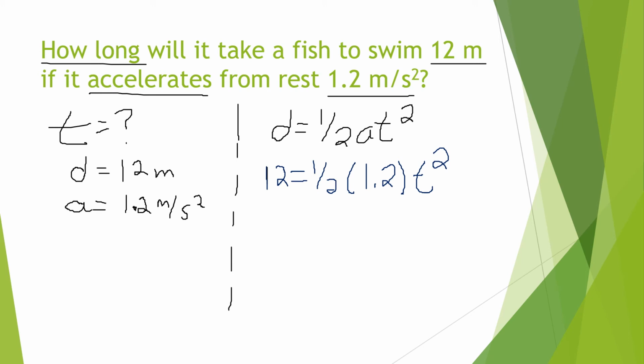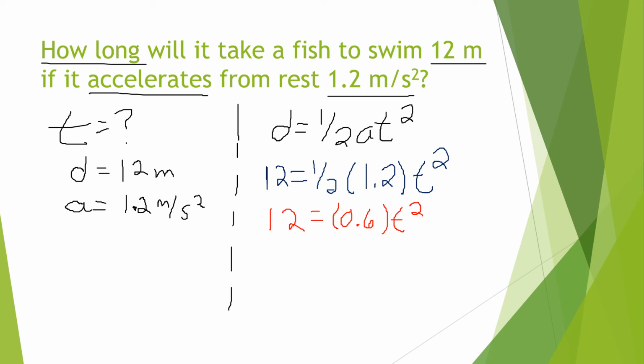Well, multiplication is commutative. So I'm going to just take half of 1.2 first. 12 equals half of 1.2 is 0.6. You just type 1.2 in your calculators and you divide it by 2, you get 0.6 equals t squared.